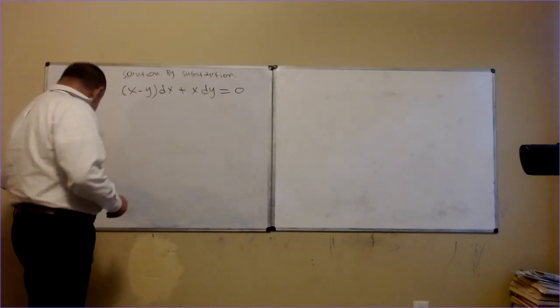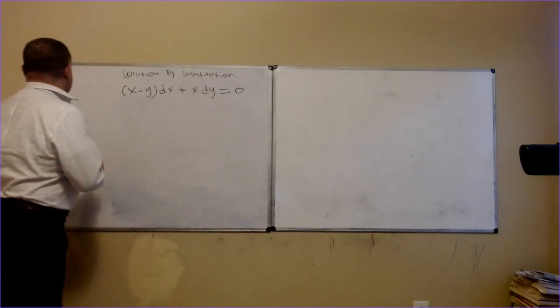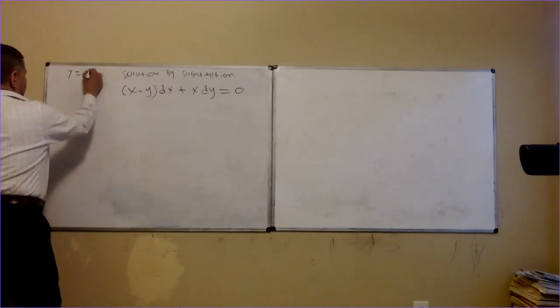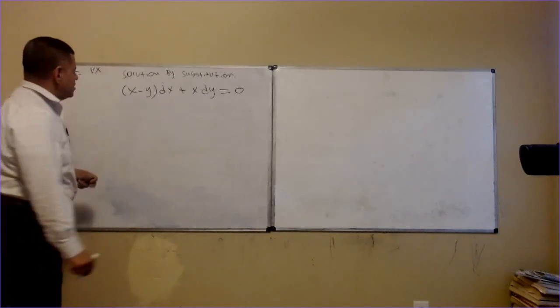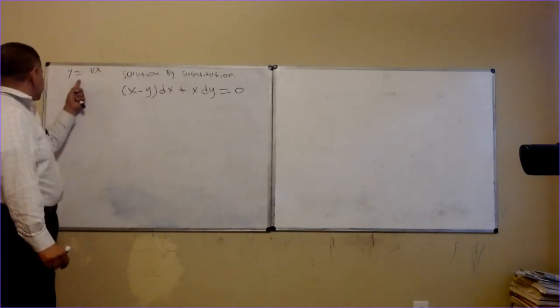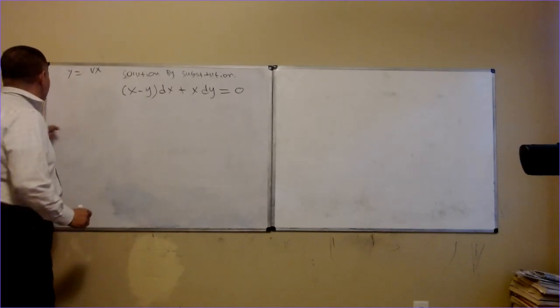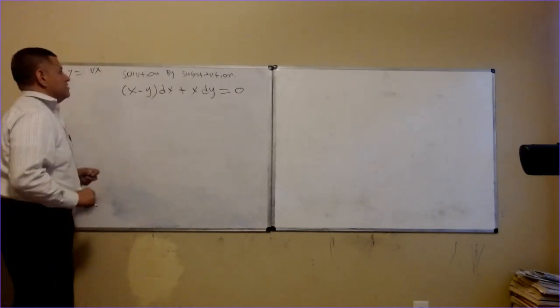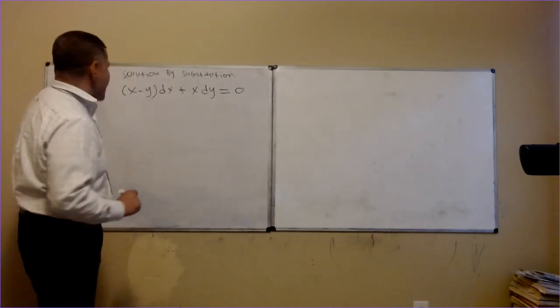The idea is that we could let y equal vx. If we let y equal vx, then we can actually do something with that.